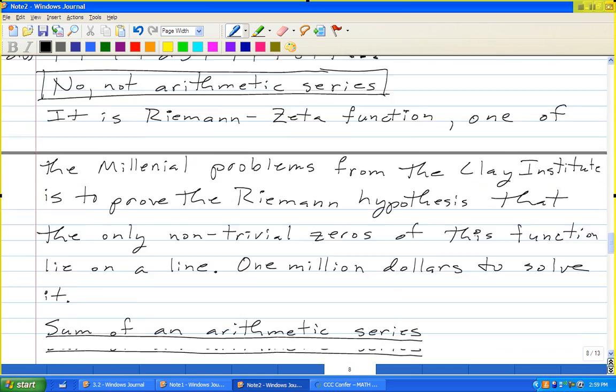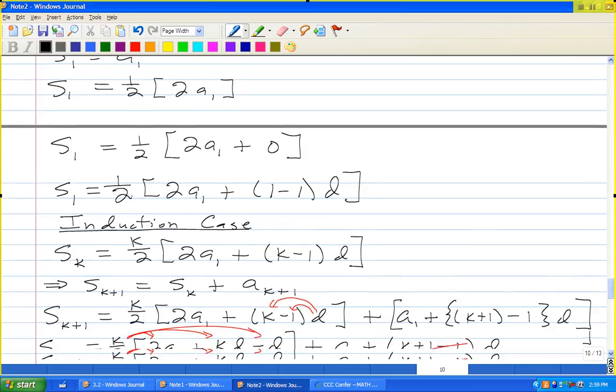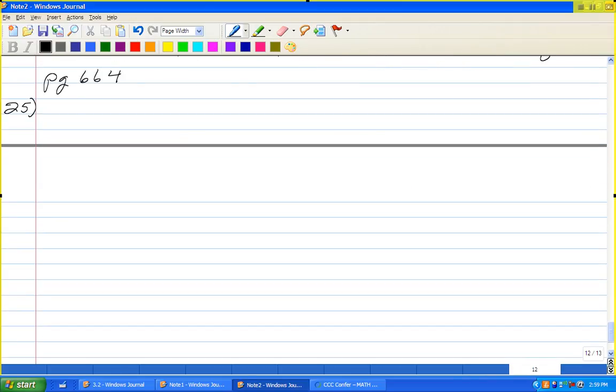Yep, 25. In exercises 25 through 30, find the sum of the first 100 terms of the arithmetic series whose first few terms are given. So 2 plus 4 plus 6 plus 8 plus 10. And you want to add the first 100 terms.